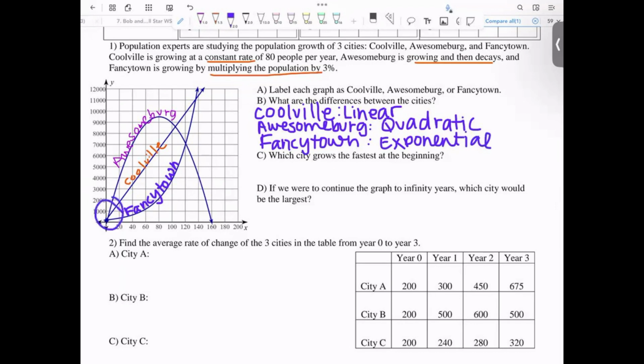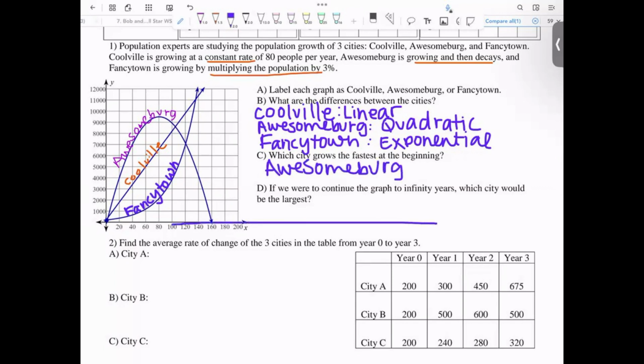So if we look at the beginning here, Awesomeburg is way higher than either of the other ones. It is increasing very quickly and is much higher than the other two, around 60, 80-ish years. It's going to be way higher. So at the beginning, Awesomeburg is definitely growing the fastest.